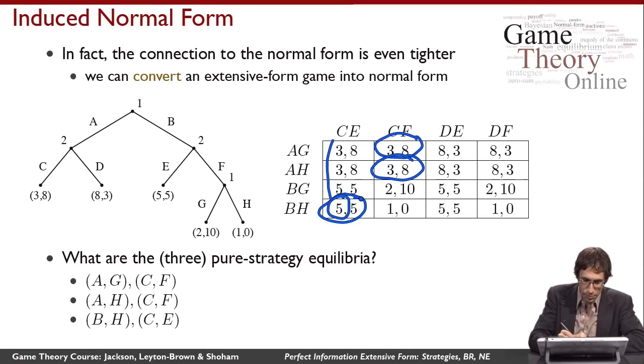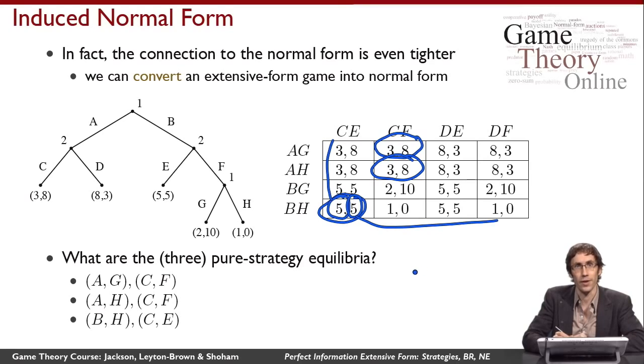And similarly, if player 2 was to deviate here, you can see there's no other action she could take that would give her more than 5. In both cases, there's something that would tie, but that's OK, because a best response just says that there isn't anything better. So that confirms that this is an equilibrium.